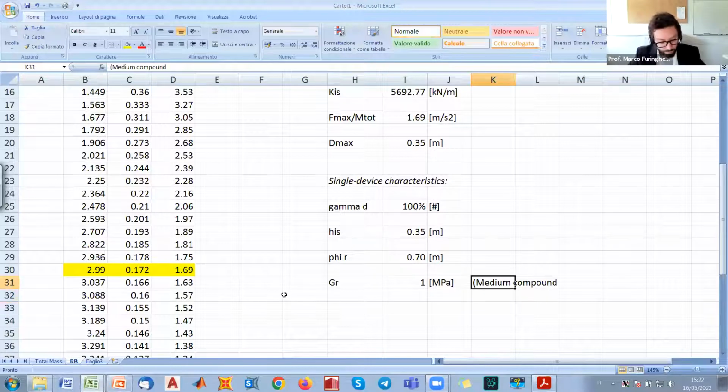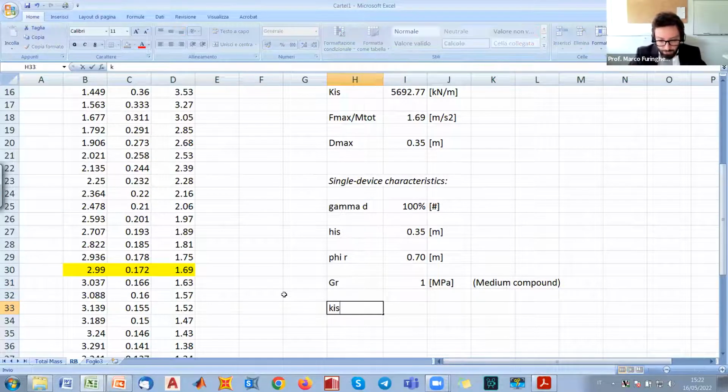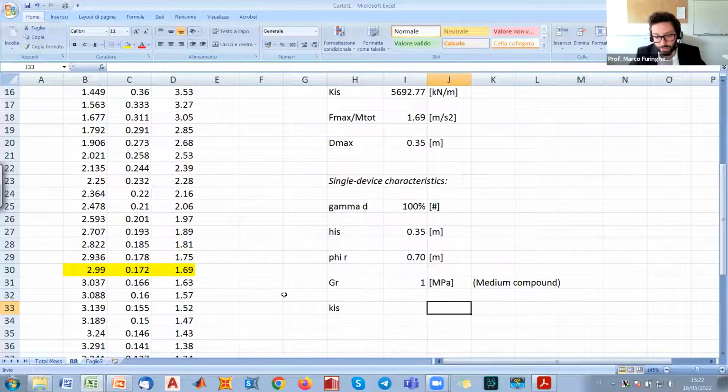So finally, we have k isolation, the small k, which is the stiffness for the single device. We have to be consistent on units, because here we have G in megapascals, and then the diameter and the height are in meters. So just pay attention to that.